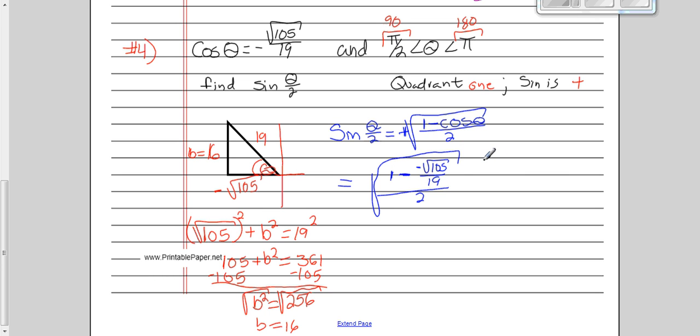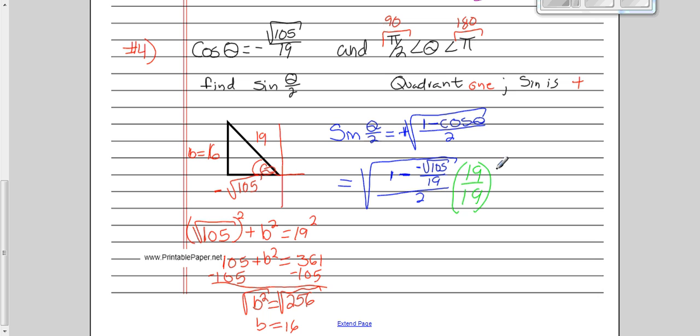Okay, that's kind of sloppy there. See if I can redo that. Alright. What I like to do here is I like to just go ahead and times by 19 over 19. What that's going to do is it's going to get rid of this fraction, which I just don't like to look at.